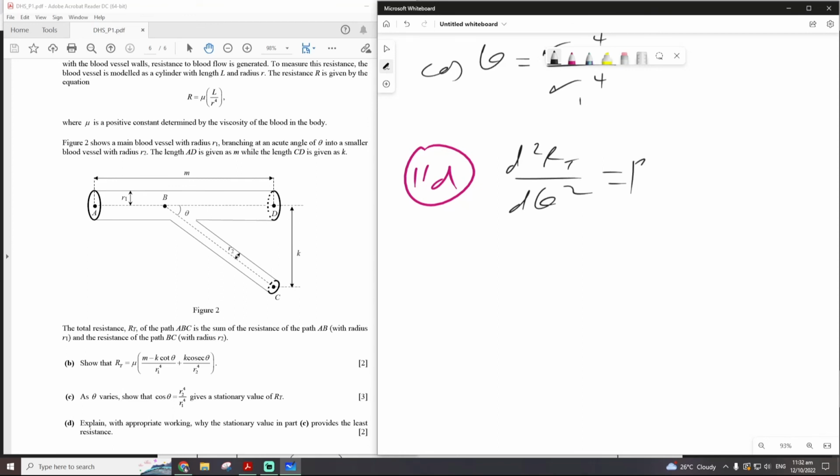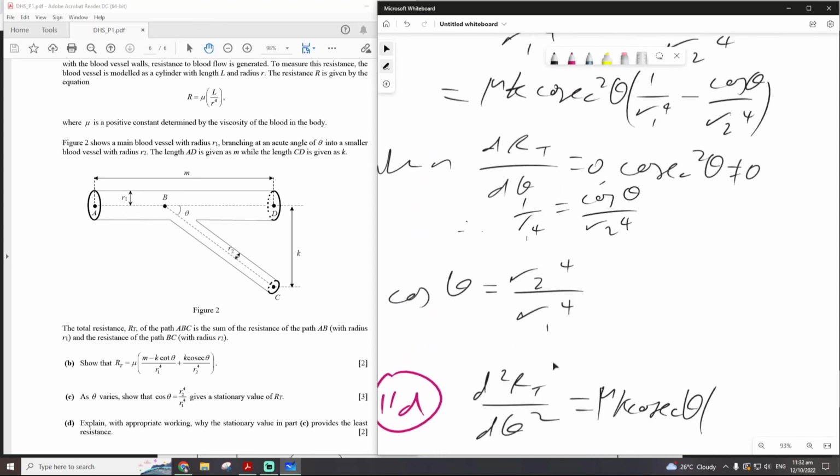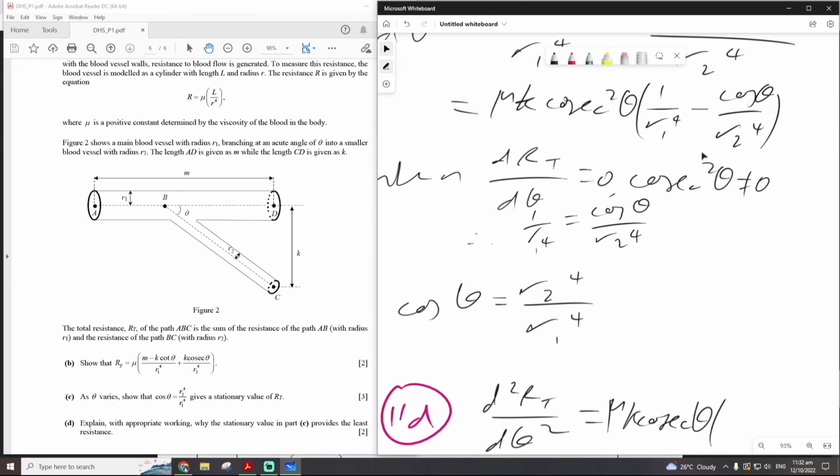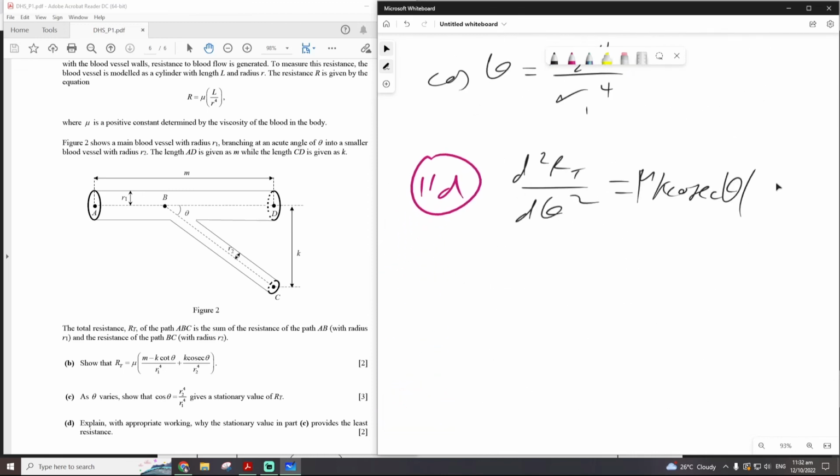So we get mu K cosecant theta and differentiate that thing. This 1 over R1 power 4 is gone. We differentiate negative cosine, you get positive sine. So you will get sine theta divided by R1 power 4, or is it R2 power 4, I think.